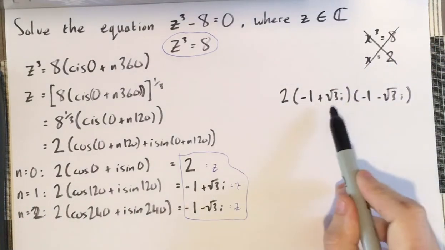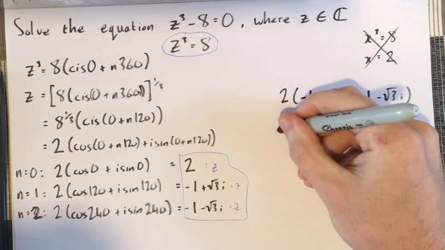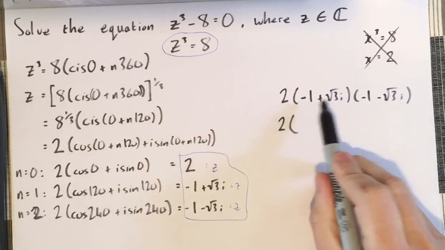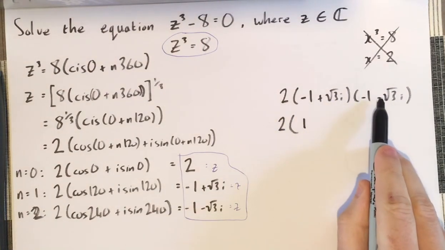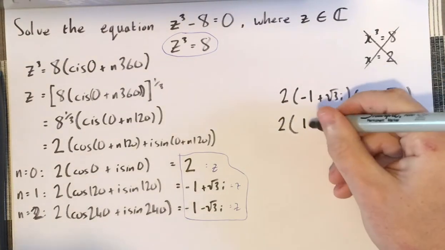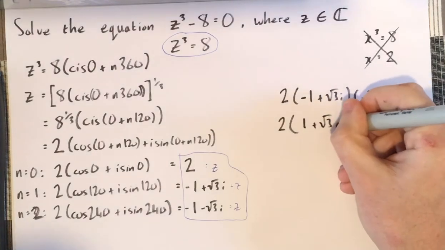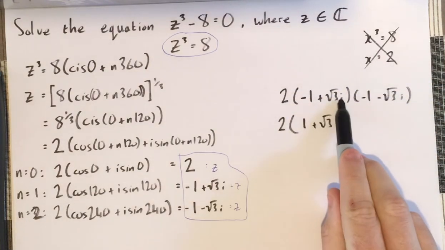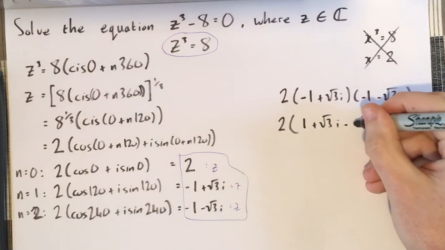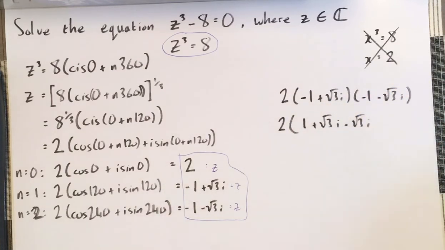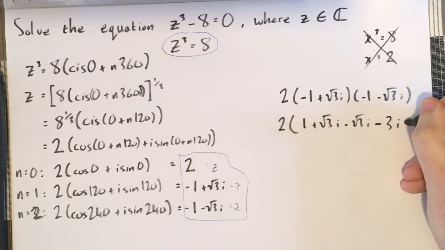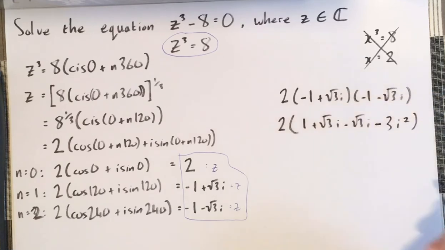I'll multiply these by each other first and then multiply the 2 in. Minus 1 by minus 1 is plus 1. Minus 1 by minus root 3i is plus root 3i. Root 3i by minus 1 is minus root 3i. Root 3i by minus root 3i is minus 3i squared.